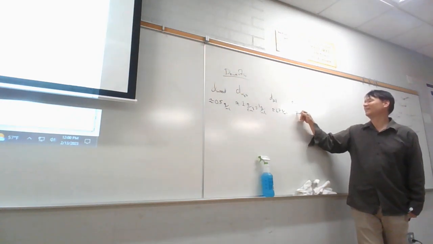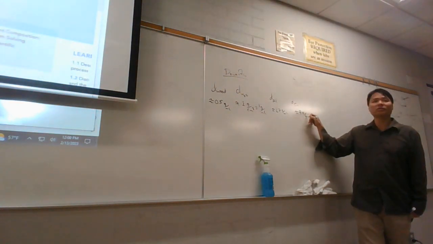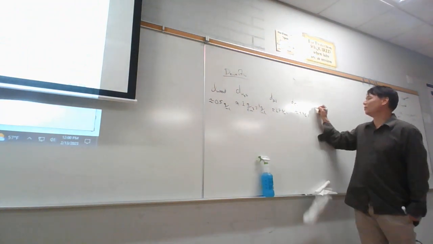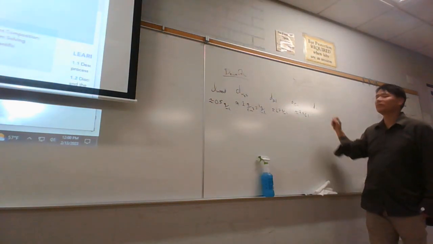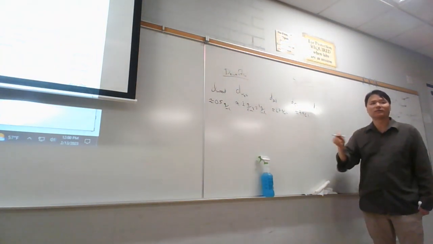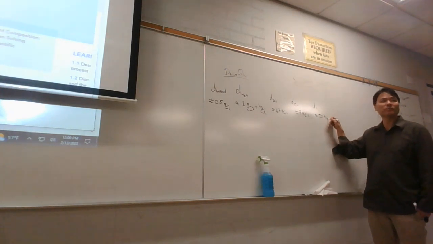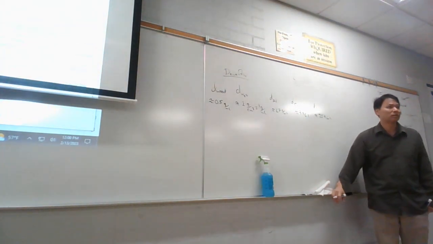About 9 times heavier than water. The density of gold is a little less than 20, so we'll just say 20 grams per milliliter, 20 times heavier.